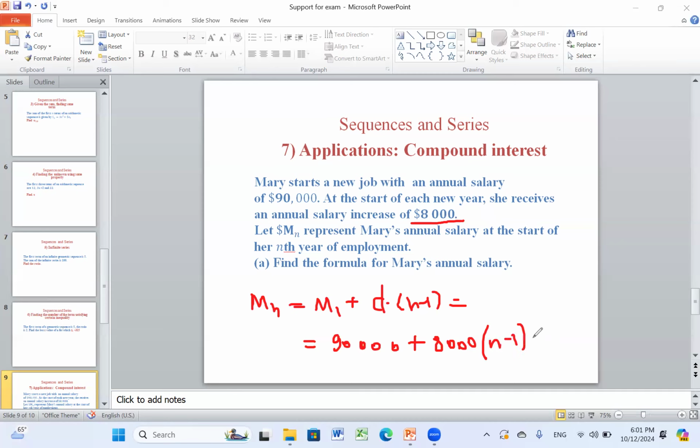We keep n because we are requested to find Mn. So it is 90,000 plus 8,000n minus 8,000, so you can see it is 82,000 plus 8,000n. So this is a general formula for Mary's annual salary.